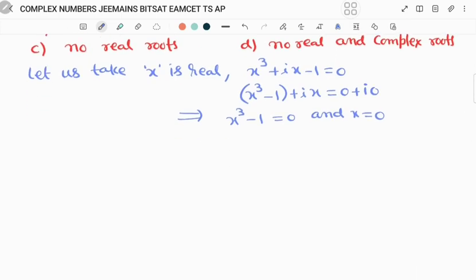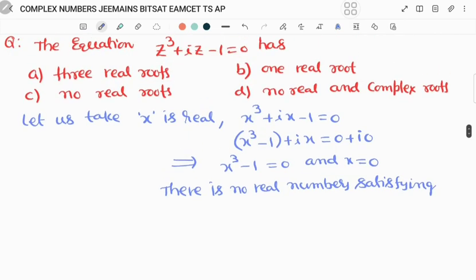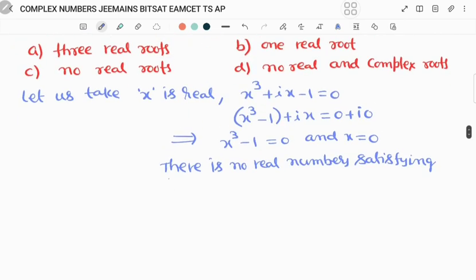So there is no real number satisfying these two equations. By observing, there is no real number satisfying these two equations.